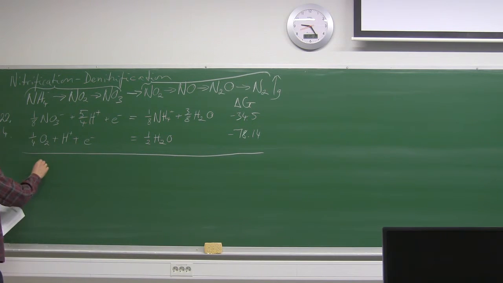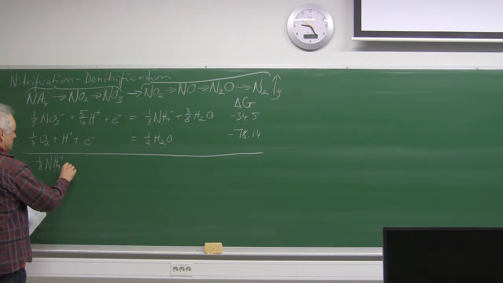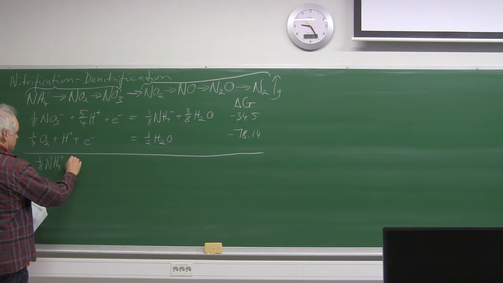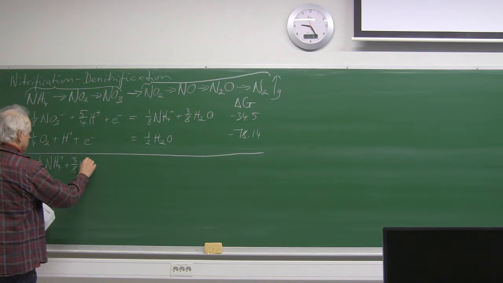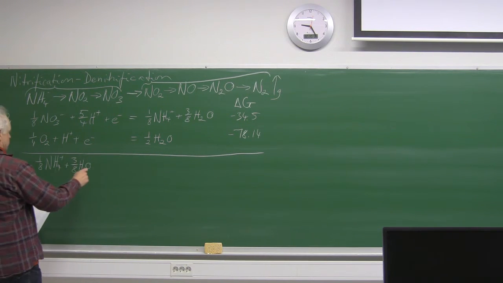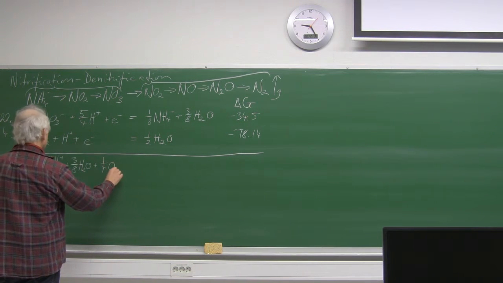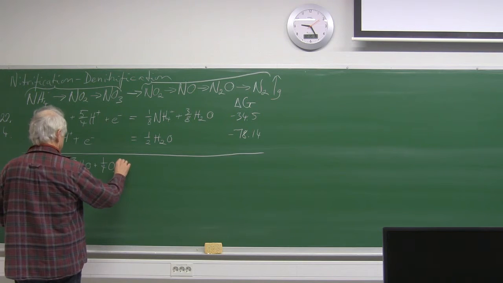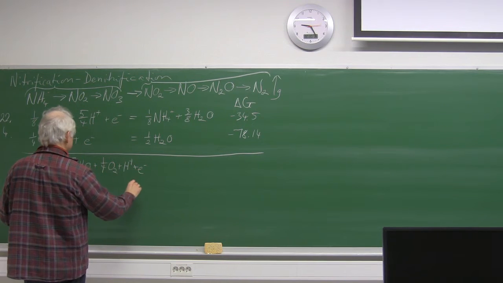We have 1/8 NH4 plus 3/8 H2O plus 1/4 oxygen plus H plus, minus e.